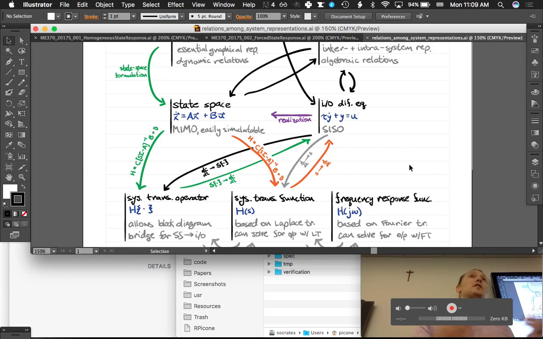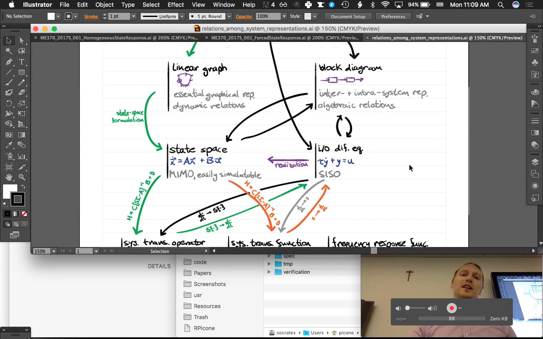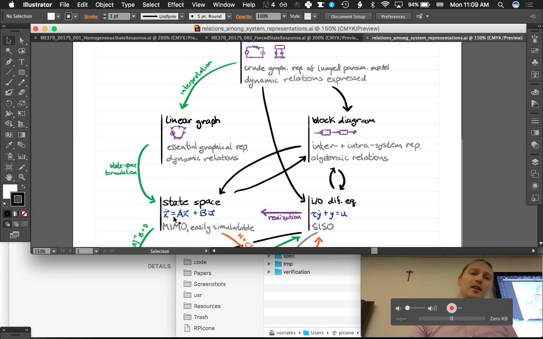And we learned we could even solve the input-output differential equation if we wanted to. However, what we're going to learn right now at the beginning of this class is how to deal with the state space model directly and solve it.